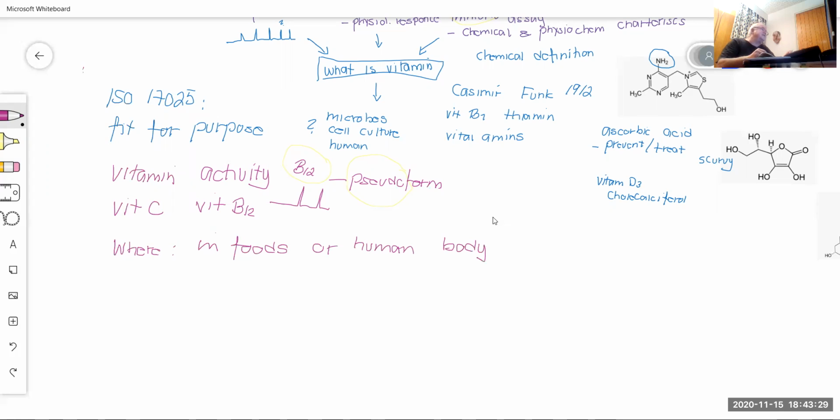Let's say that in foods, vitamin D might be in the form of cholecalciferol. But if we are going to analyze your plasma, you won't find this cholecalciferol because it has already gone through these physiological processes and it's metabolized.